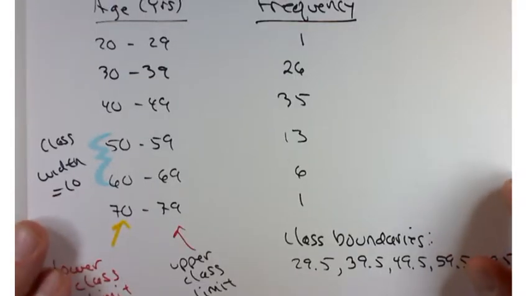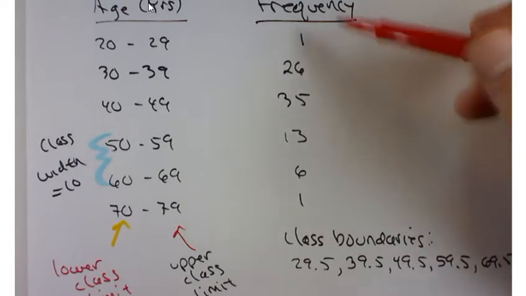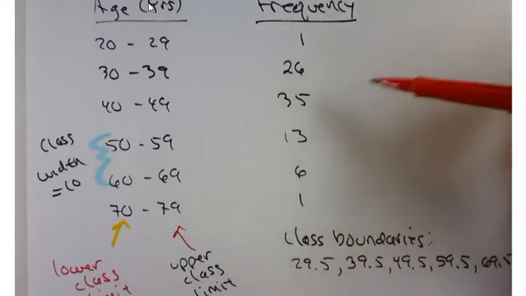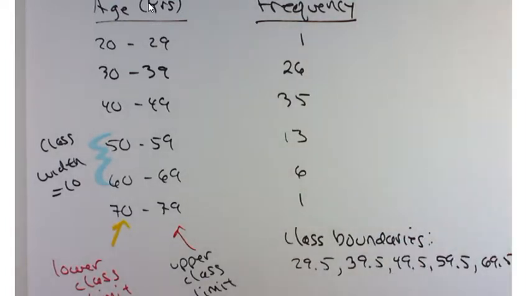Let's look back at a couple of our problems in this section. Do you think that data like this could represent, if you graphed it, would it have maybe a bell shape? Yeah, it doesn't look too bad.